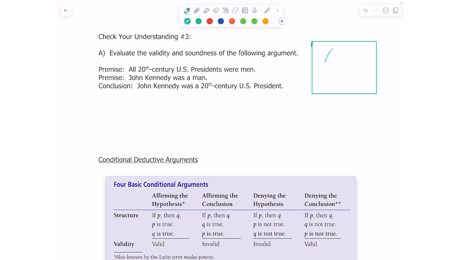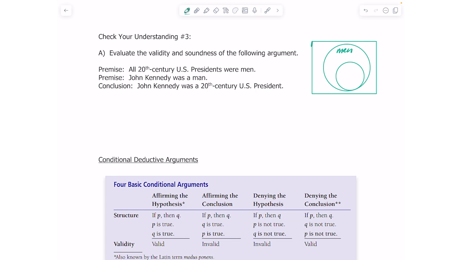All right, I got my larger circle in here, which is going to represent the larger set. And then I have my smaller circle inside, which is going to represent my subset, okay? All right, so that first statement says all 20th century US presidents were men, okay? So that means that's going to be my larger set, all men, right?